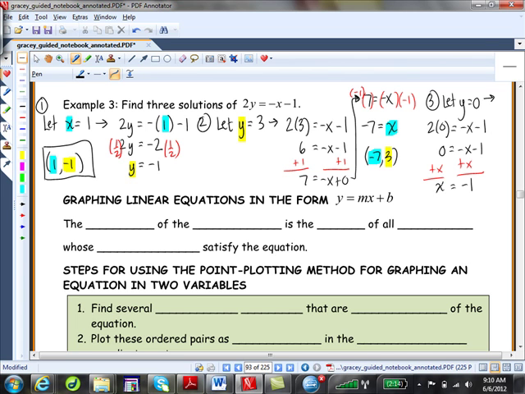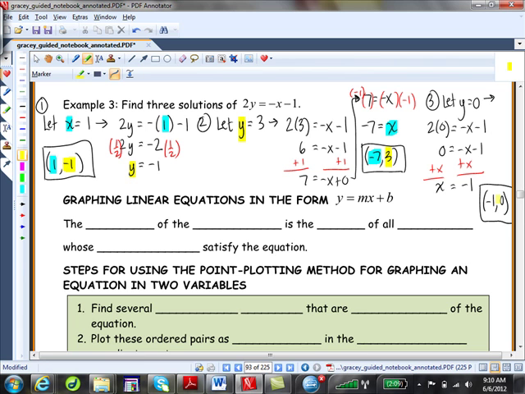So our solution for that one is, getting ahead of myself. So we'll have the ordered pair negative 1, comma 0, because we had let y equal to 0.